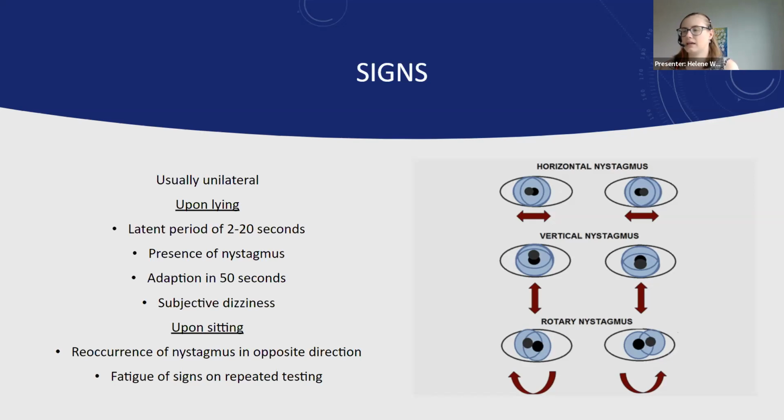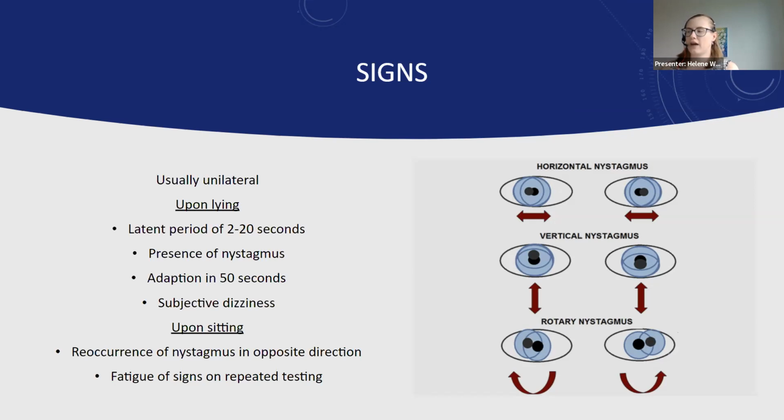Nystagmus is where we get movement of the eye. That movement of the eye occurs because the brain thinks that it's compensating for head movement. As we chatted earlier with the VOR, when the head moves, the eye moves in compensation.